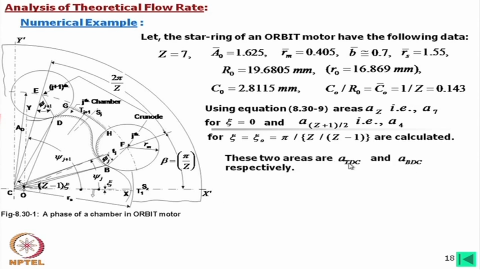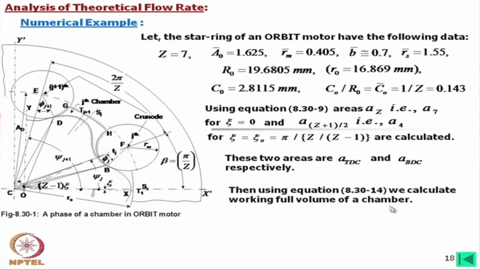These two areas are A TDC and A BDC respectively. Therefore, we will now use equation 14 to calculate the working full volume of a chamber. I have not shown the calculation, but to calculate this area we have used this formula, and ultimately we have found that the full working volume of a chamber will be around 2 cc, very close to that.